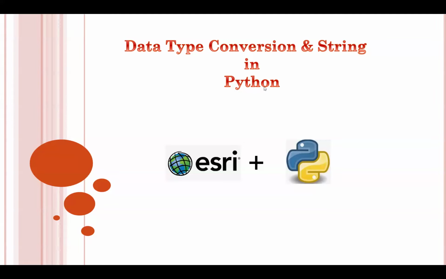Okay, so we already have discussed in our previous session regarding the conversion. If you remember, we already have discussed implicit conversion and explicit conversion. What is implicit conversion? What is explicit conversion?